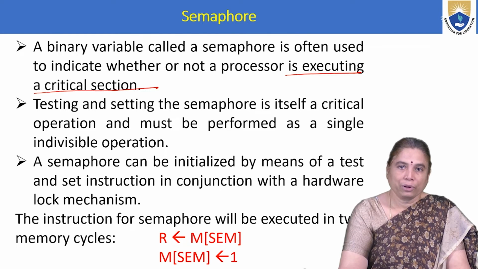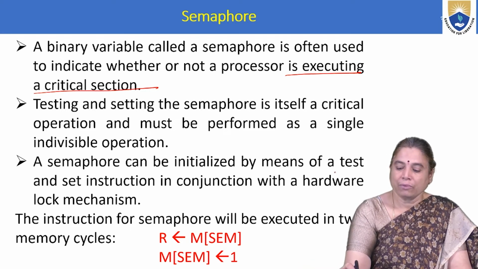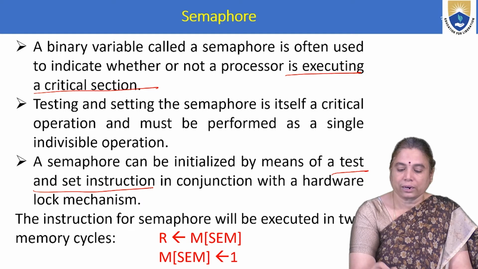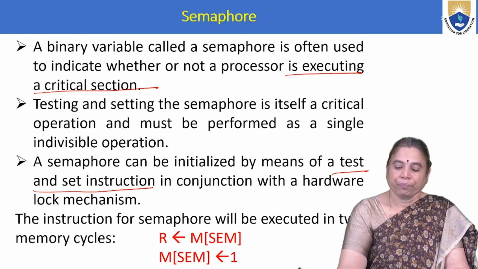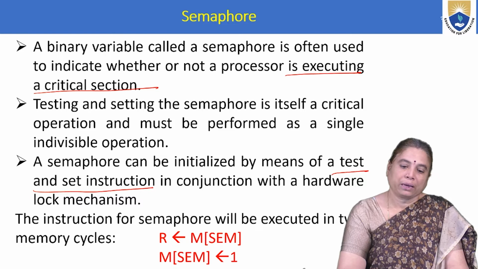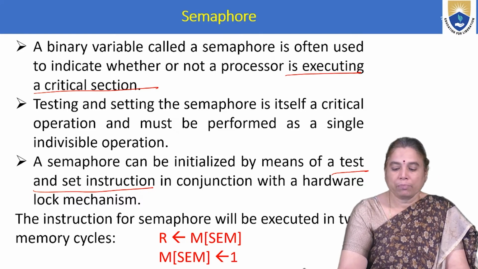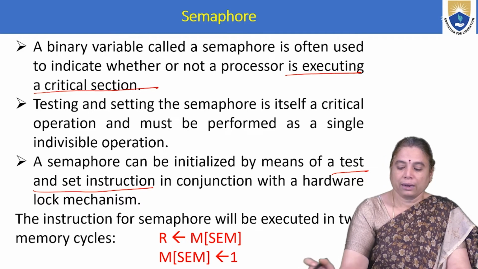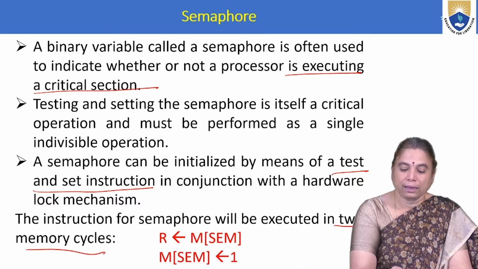So a semaphore can be initialized by means of test and set instructions in conjunction with the hardware lock mechanism. So the test and set instruction in combination with the hardware lock mechanism, the semaphore can be implemented, and the execution of the semaphore can require two memory cycles.